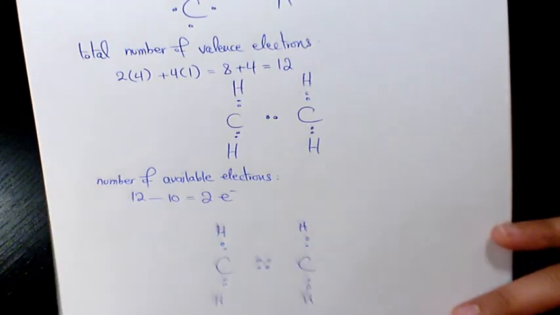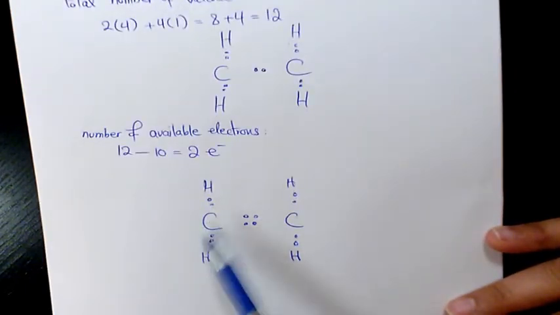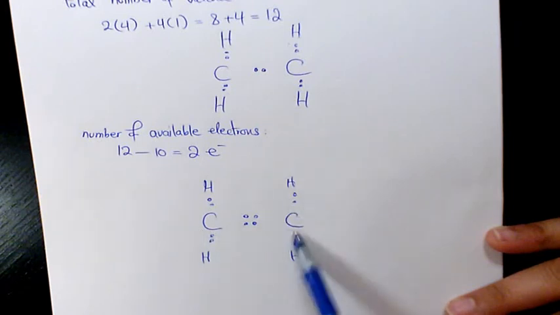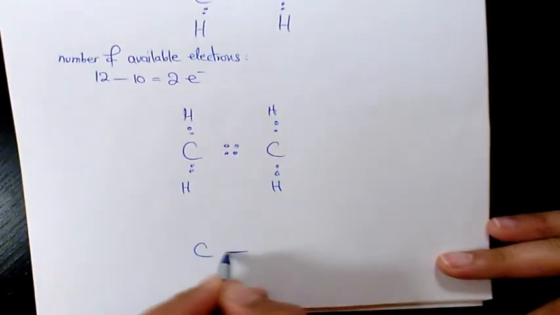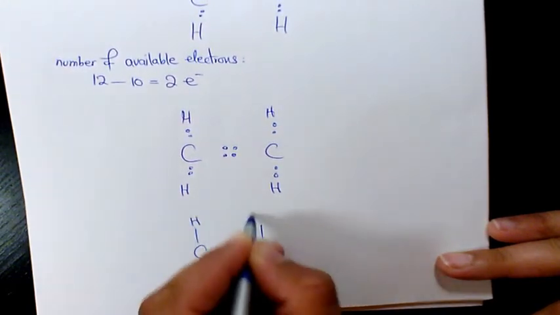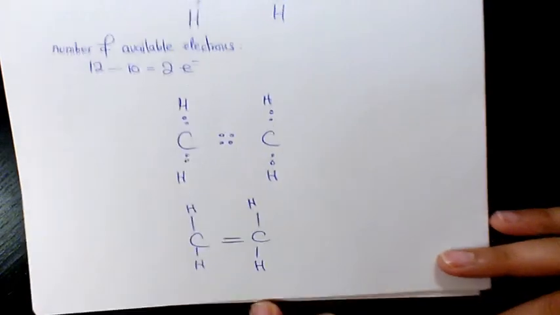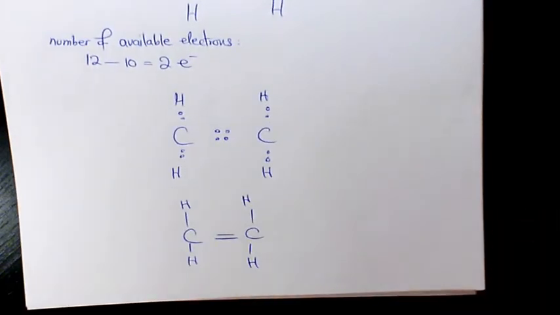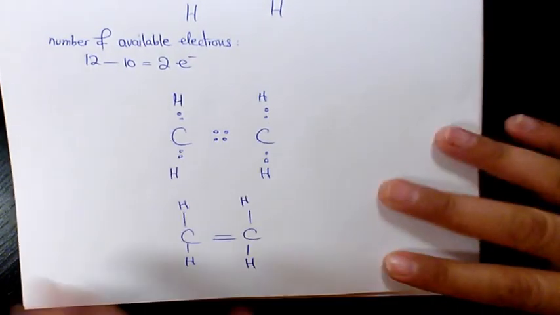As you see here, we have the octet rule for carbon, 2, 4, 6, 8, 2, 4, 6, 8 for this carbon. So then we can place a dash for each of them. So as you see here, we have a double bond between the carbon atoms.